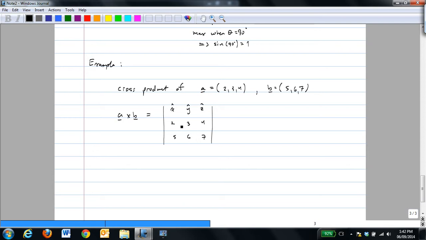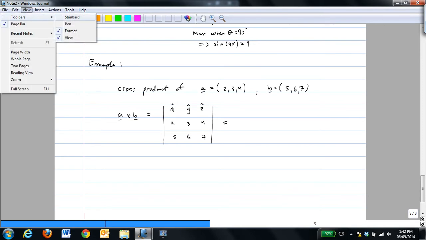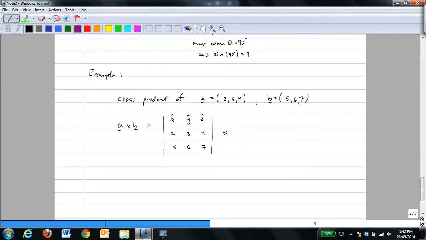And now we want to take subdeterminants of this matrix. It's called cofactor expansion, I believe. Just give me a second here. So what we want to do is take this x hat and multiply it by this minus those.